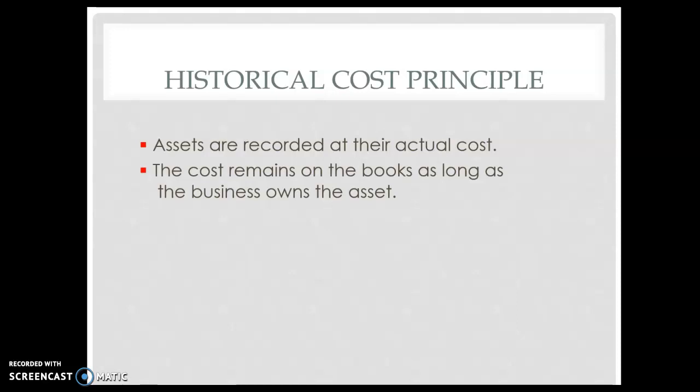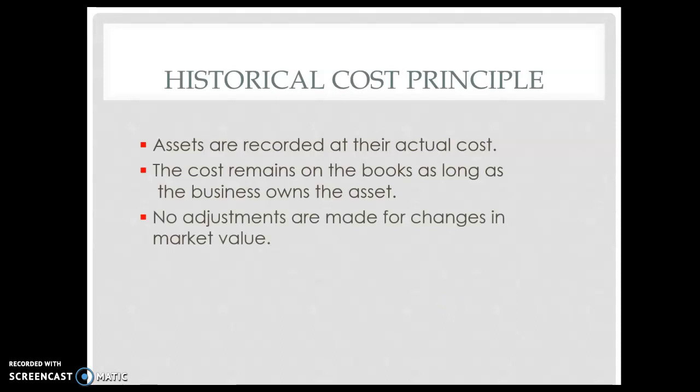Now, if we sell that piece of equipment, then it'll come off the books. Or if we retire it, like, we used it up and it's no longer useful, we're just throwing it away, then it can come off the books, okay? But as long as it's on the books, it sits there as whatever we originally paid for it.